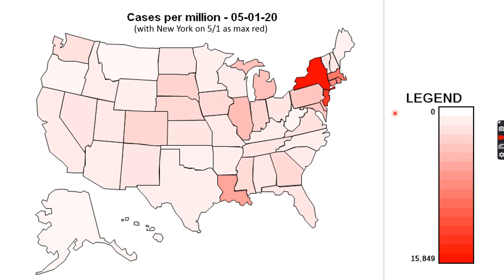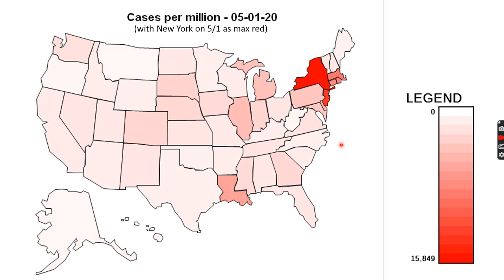Okay, now something I don't like about the way that I'm presenting this is that basically in this situation, New York is a moving goalpost. So you can see here at the legend that New York on March 30th was 3,427 confirmed cases per million population, up to 7,766 on April 8th.